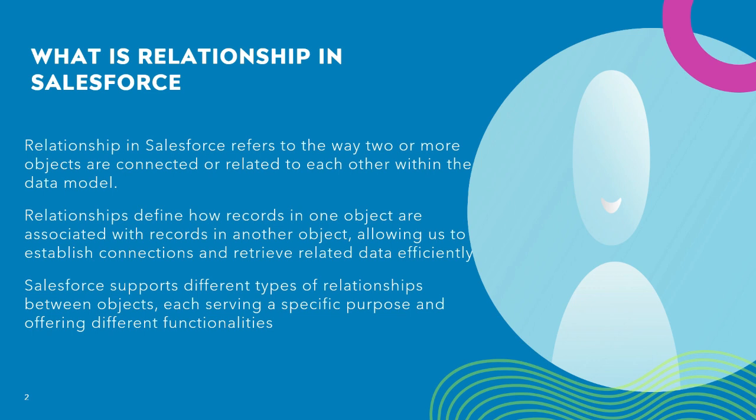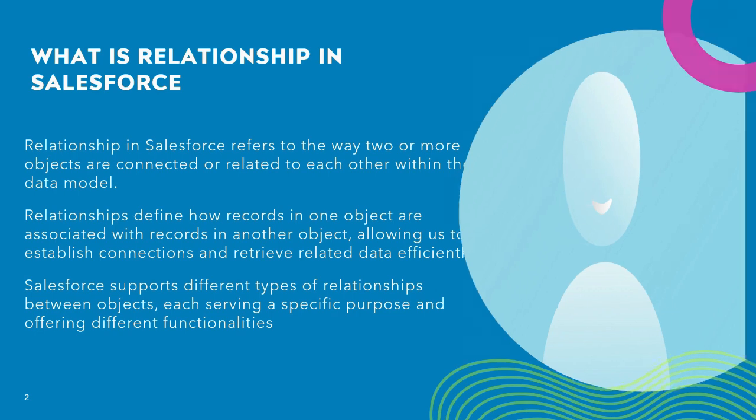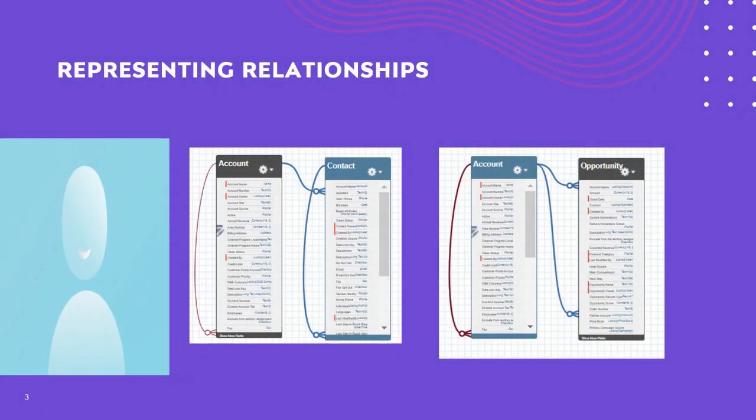Before that, you are already well aware that a relationship is nothing but how the child records are associated with parent records. Now you can see on the screen the relationship between the standard objects Account and Contact, similarly Account and Opportunity.